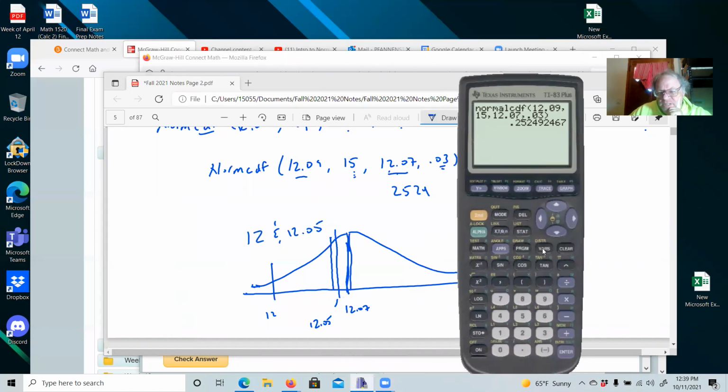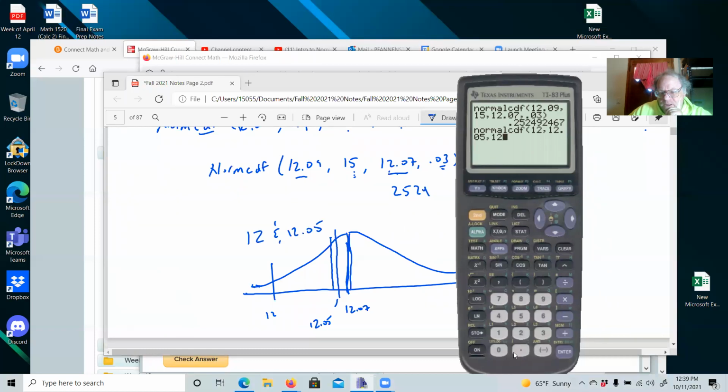Okay, so second function distribution, CDF. We're going to do 12. What's my upper value? It's 12.05. And then my average is going to be 12.07. And then our standard deviation was 0.003.